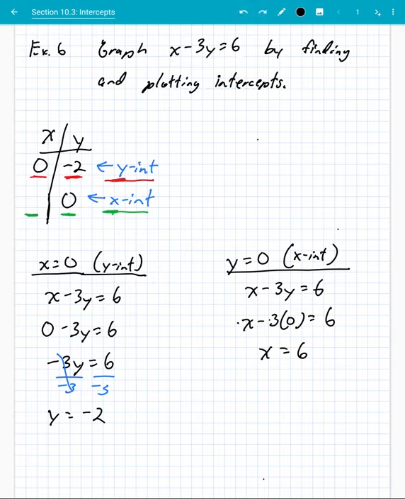Because notice when we plugged in 0 right here, we were just left with negative 3y. Whereas here, if we make this equal to 0, that's going to be canceled out. We'll be left with the x. It's kind of a little shortcut, so some people might use intercepts to find the numbers that they need for the graph. Now remember, in order to graph a straight line, you just need 2 points. We have 2 points right here, so we can go ahead and go straight into graphing.